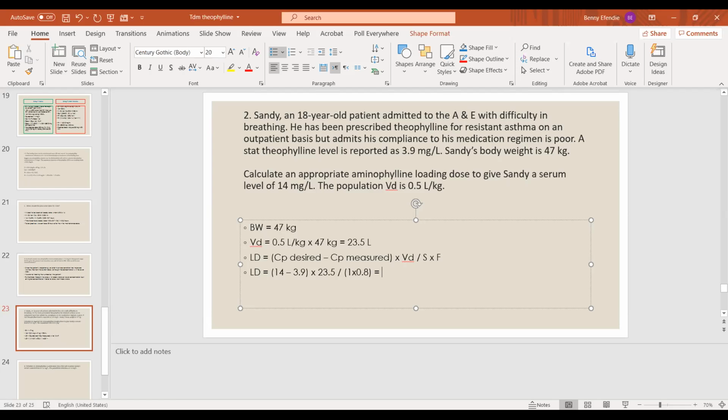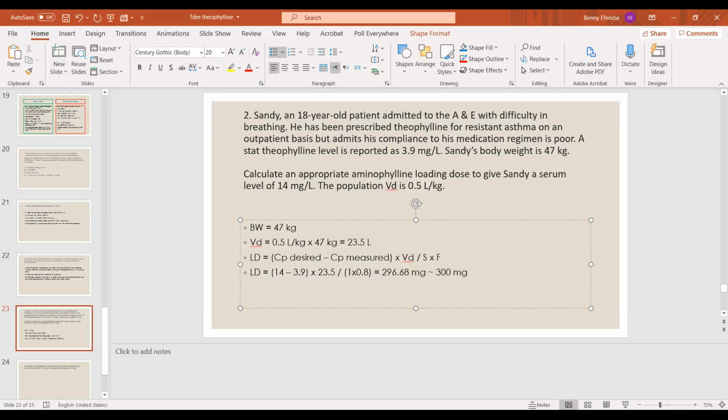How much? 296.68 milligram. So we want to take 300. Can take 300, okay, take 300 milligram.